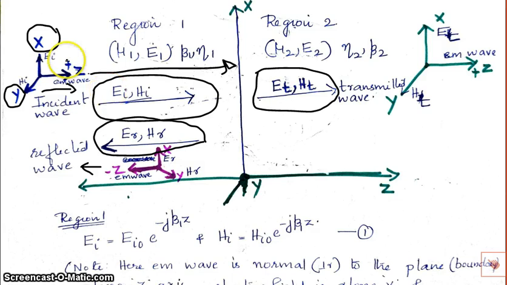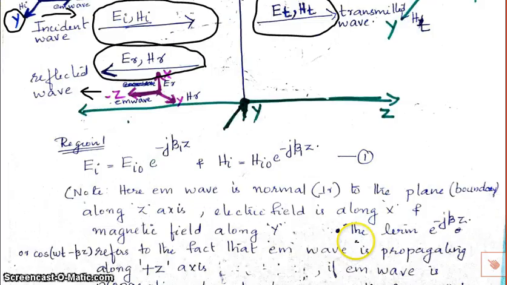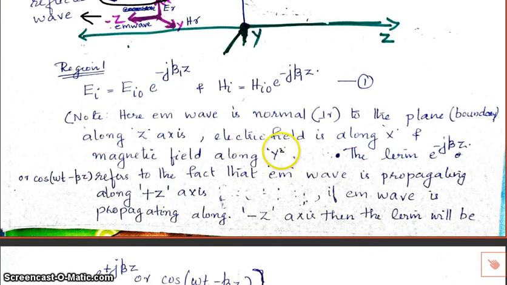Here the electromagnetic wave is perpendicular to the boundary xy. So the electric field along the x-axis and the magnetic field along the y-axis will be parallel, or otherwise tangential, to the xy boundary. So I repeat, the EM wave is normal to the plane along the z-axis, the electric field is along the x-axis and the magnetic field along the y-axis.